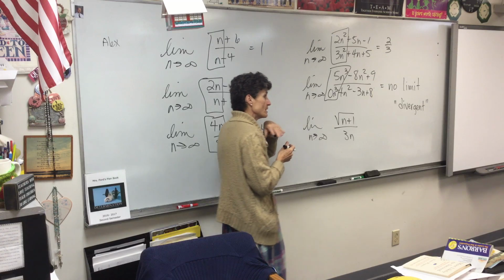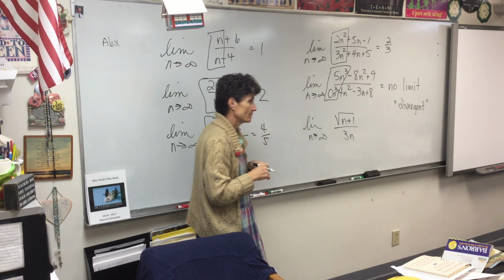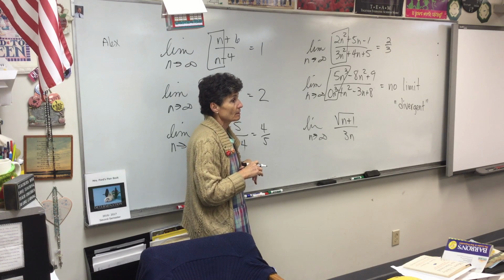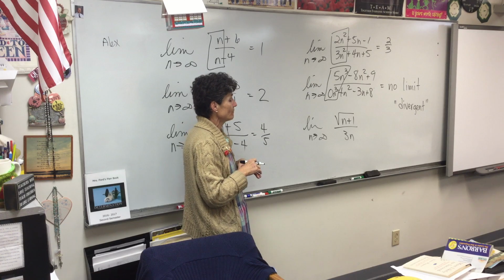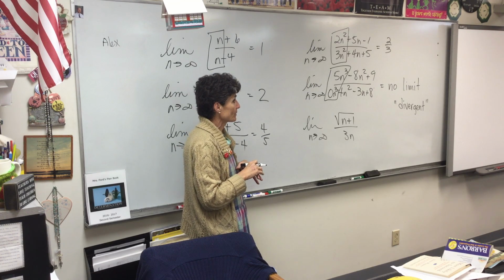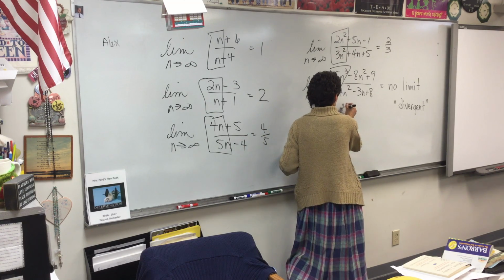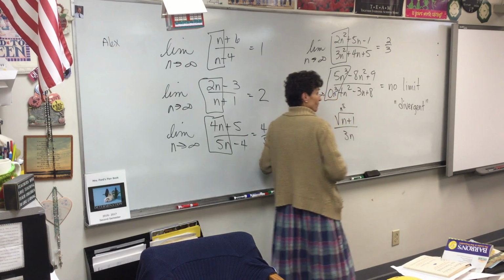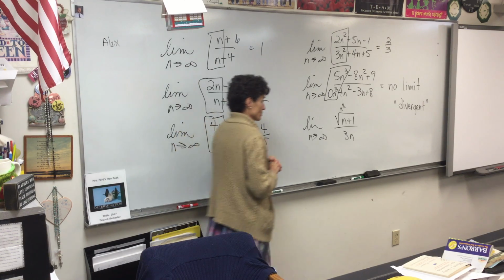Now what about this one? Okay, now Mrs. Ford's getting really tricky. Put a radical in there. It's not n to the minus 2. What's a square root? N to the 1/2. So on the top here, this is n to the 1/2. This is n to the first. Which one's bigger? N to the first.